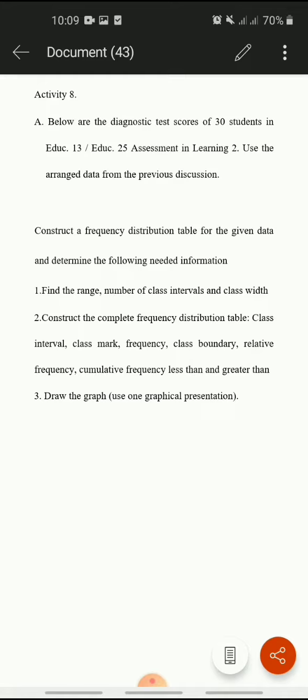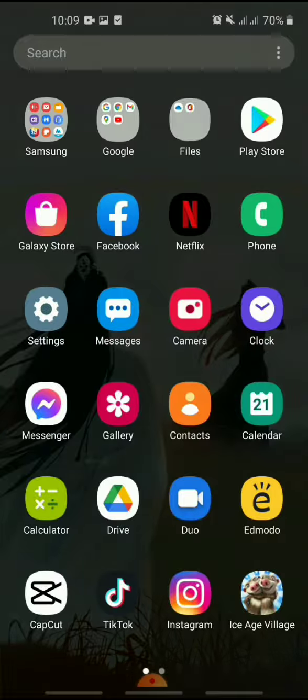We're going to construct a frequency distribution table for the given data and determine the following needed information. Number 1, we're going to find the range, number of class intervals, and class width. So let's go to Excel.